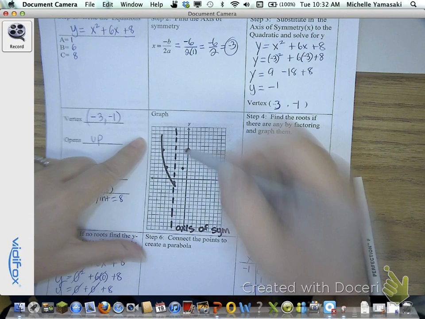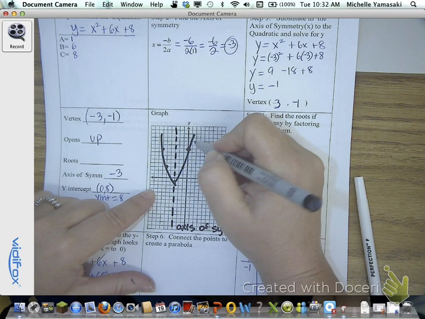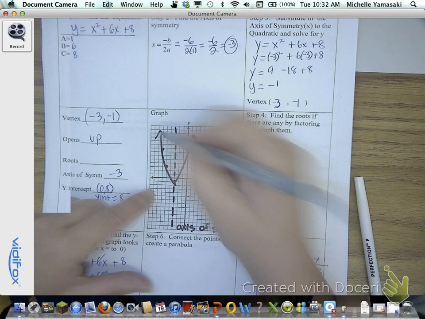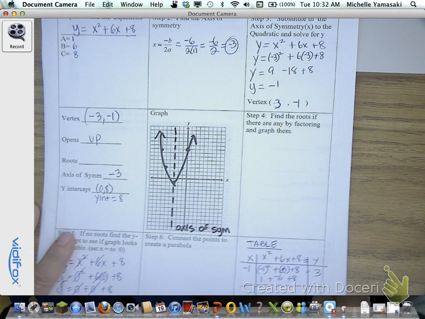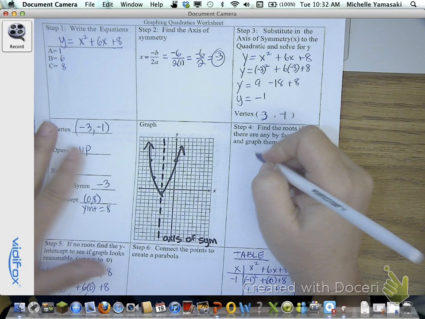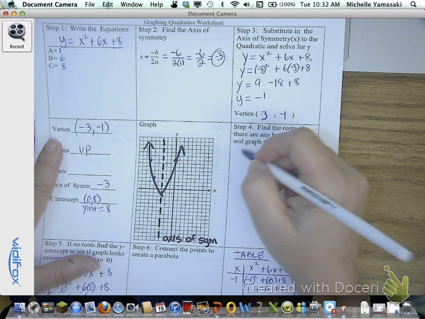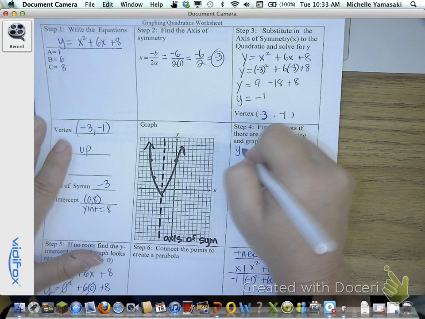Okay? Now, another thing you can choose to do is to find the roots. And the roots, it's not really part of this lesson, but it's easy enough to teach right now, is your x-intercept. Okay, so we find the x-intercept by setting y equal to 0. So I do y equals 0, and then I have x squared plus 6x plus 8.